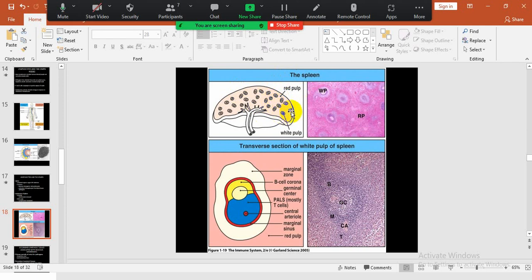And the white pulp is where the white blood cells reside. You can see the white pulp is white here, and the red pulp is red. You can also see here the transverse section. Here all is red pulp. Then over here are the T cells. Then this is the germinal center where they are activated.